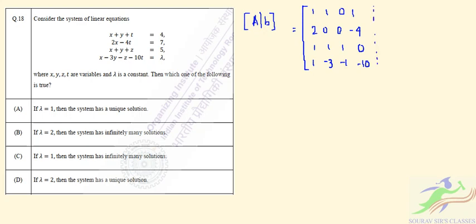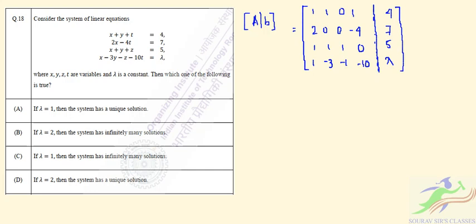The right hand side is 4, minus 4, 7, 5 and lambda. These form the augmented matrix.